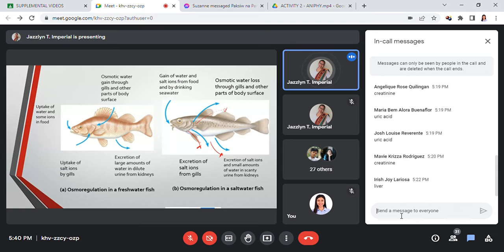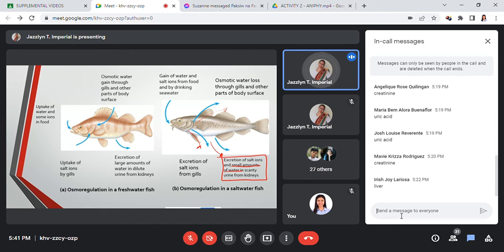But you will see here that they excrete salt ions and only very small amounts of water in their kidney, from their kidney through their cloaca. So, concentrated urine, very small amounts. Unlike fresh water fish, which urinate a lot but diluted, because they retain ions. Marine fish retain water and remove ions. So, that is how they maintain homeostasis.